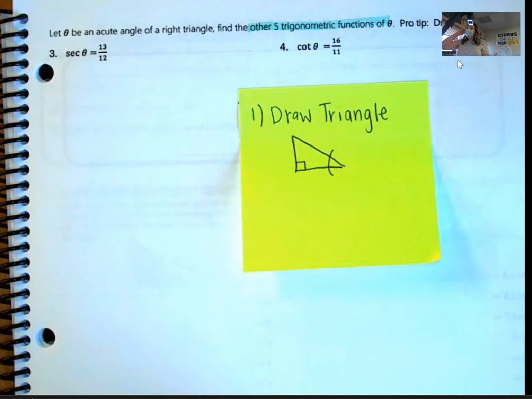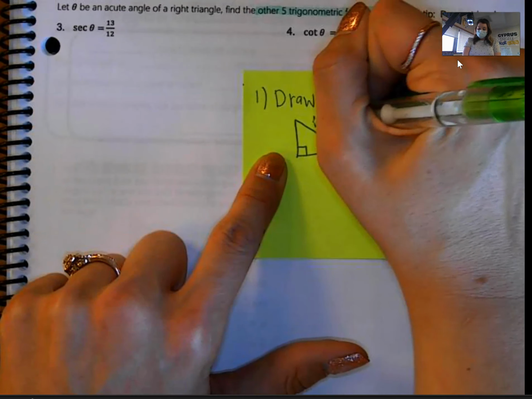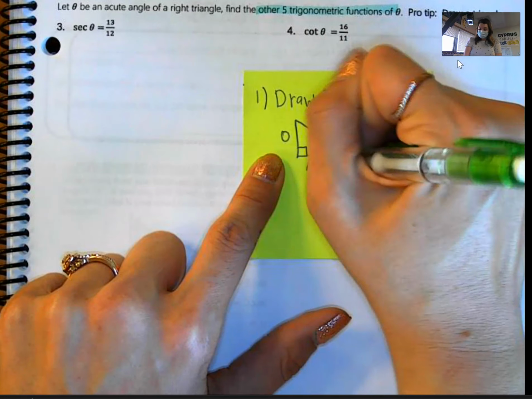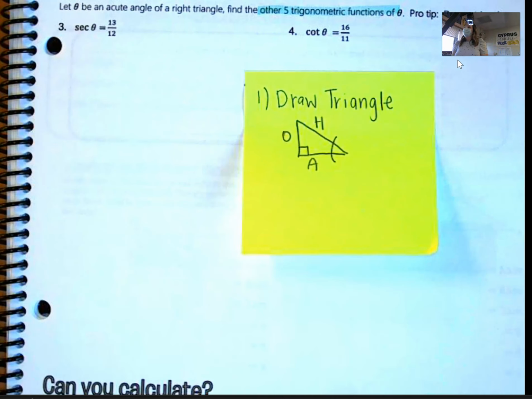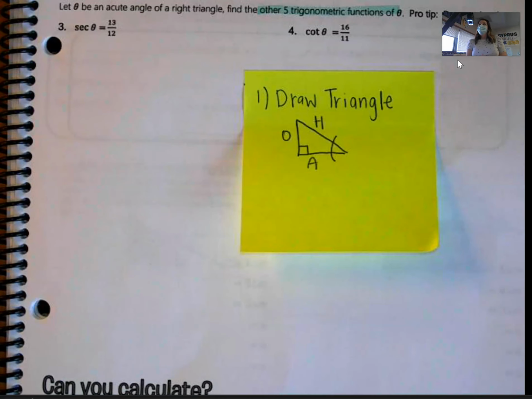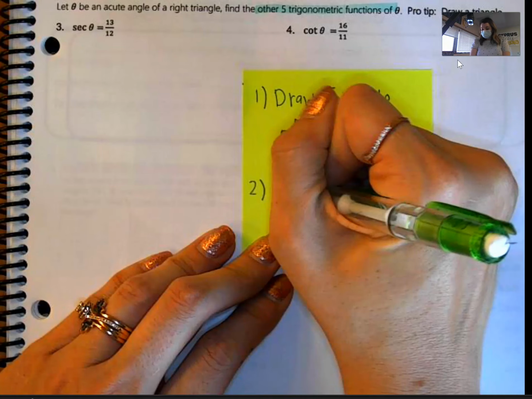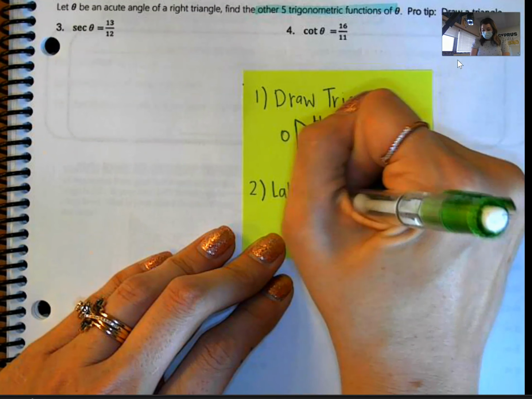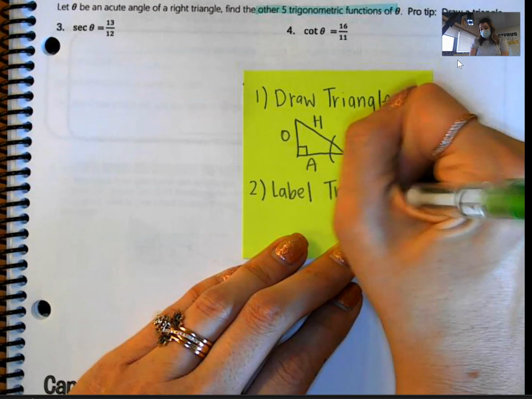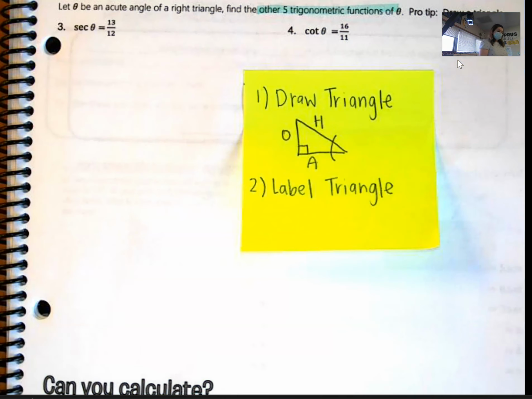The reason that I always draw the same one is because then I know this is hypotenuse, this is opposite, this is adjacent, and I don't have to wonder what the different sides are. Step number 2 is that I am going to label my sides, not triangle, with the sides that they give me.